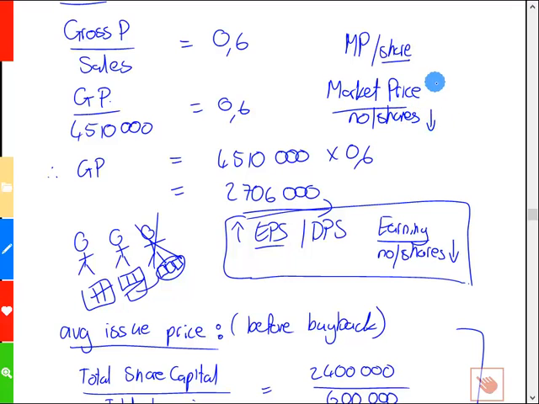If you reduce the number of shares, what's going to happen to this answer? It's going to increase. So it's a way to make the market price of the share look better. Remember that, because you might get theory questions on those.